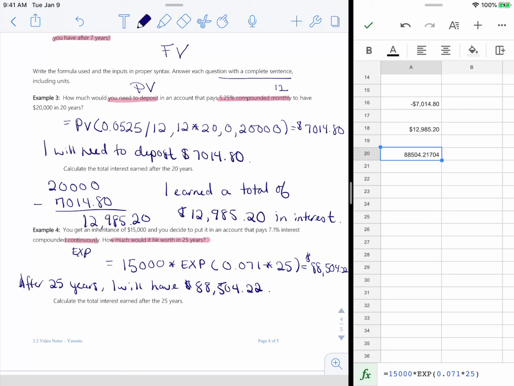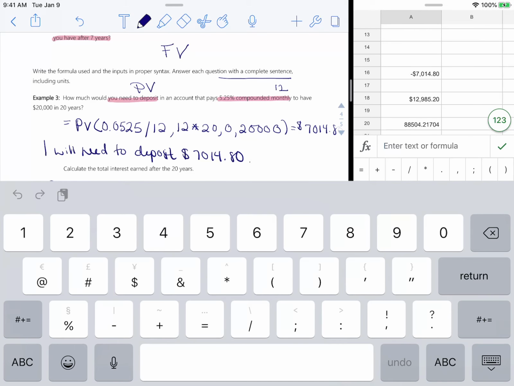Okay, great. Calculate the total interest earned after the 25 years. Okay, well remember, we ended up with $88,504.22, and we put in 15,000. So once again, I'm going to do it on my Google sheet.